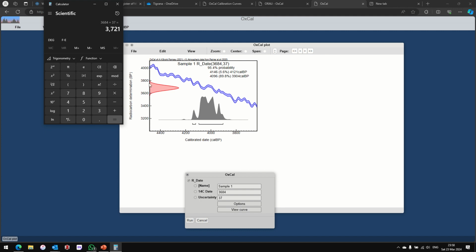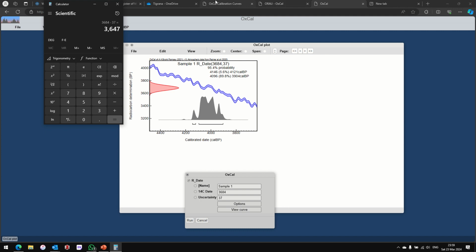So the standard deviation, if I'm using the correct word, seems a bit too much if the curve is anything to go by, because I'm looking at something between 3647 to 3721, and that certainly does not seem to be the case here. It's going well into the 3500s, this little red bit.